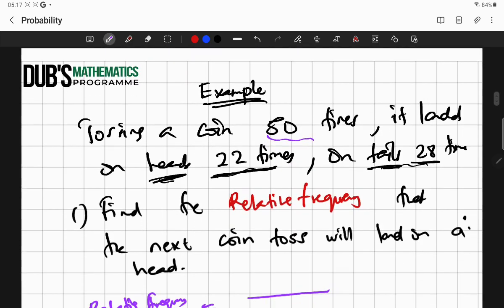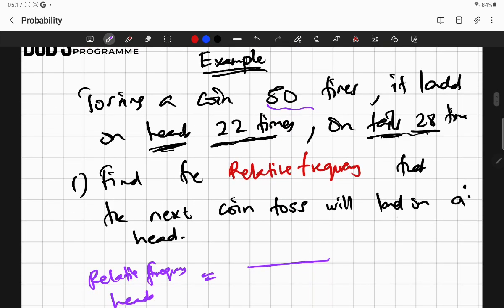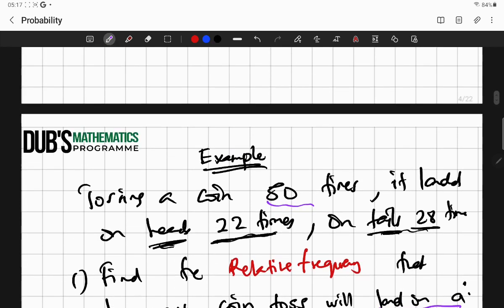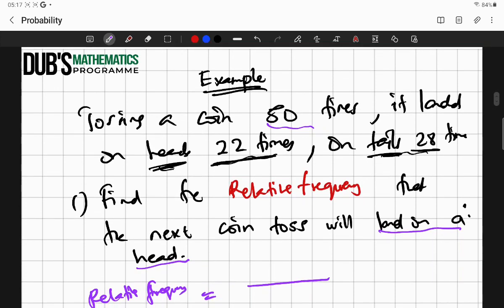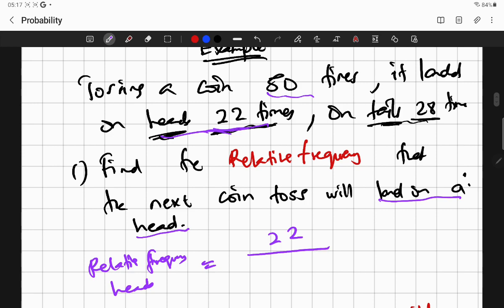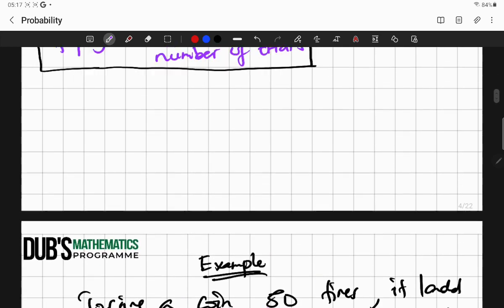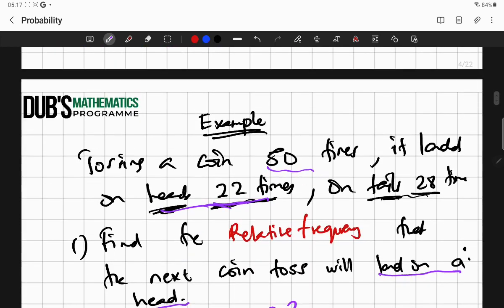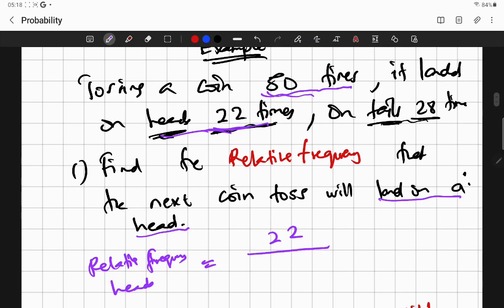Our event in this case is a coin landing on a head. So how many times did that happen in our experiment? It was 22 times landed on heads. So it's going to be 22, but then the denominator is going to be number of trials that we conducted. In this case, we conducted 50 trials because we tossed the coin 50 times. And then this becomes 22 divided by 50, which gives us 0.44.